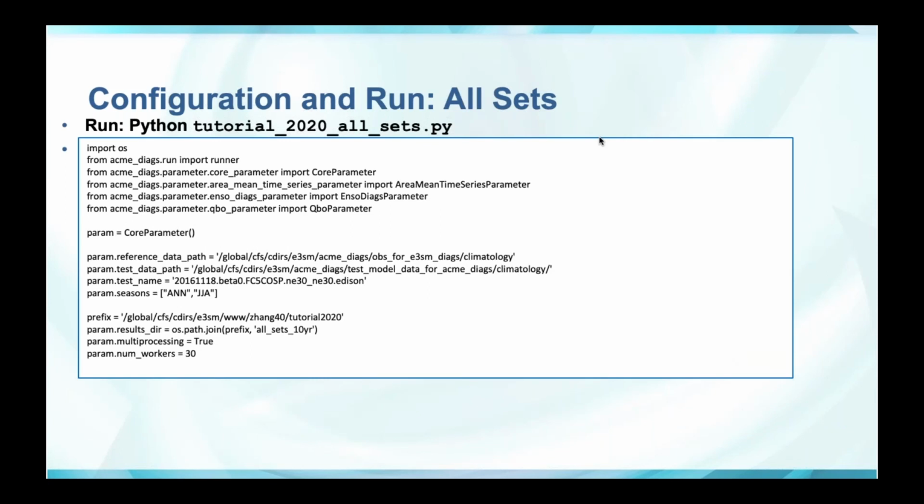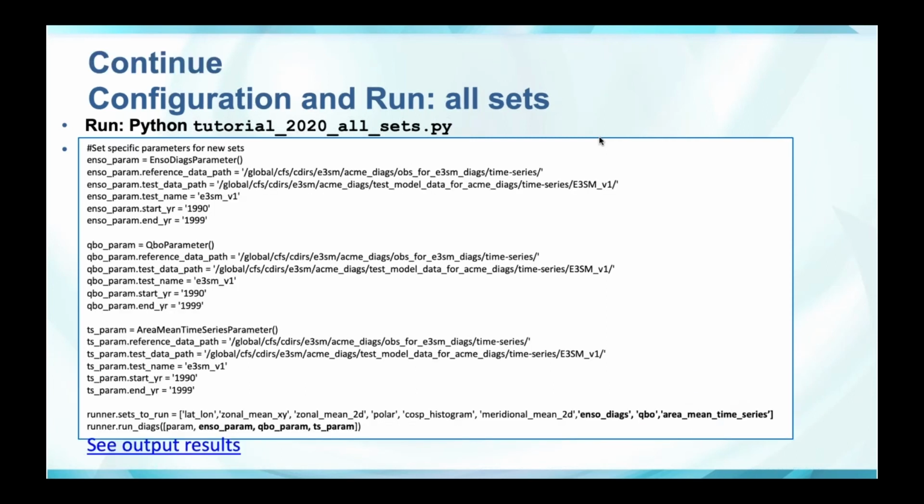The next run script is for the all sets configuration. Compared to the core configuration, here we need to define additional parameter objects for the individual new Diags sets. The setting for the core parameters is the same as earlier. Continuing the configuration script, for each of the new sets, the data paths are changed to use the directories with the time series files.